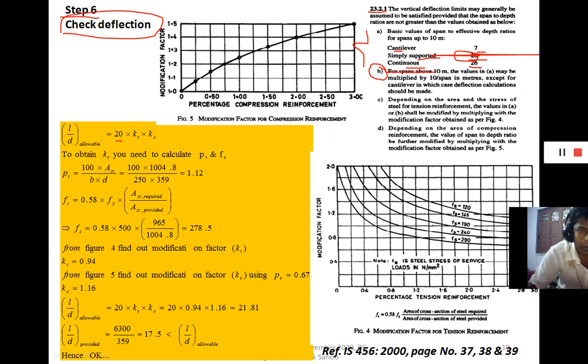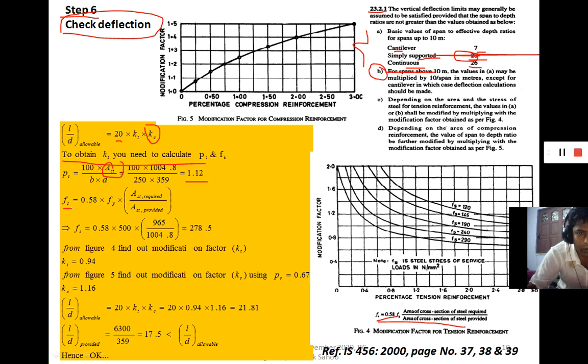So this is the expression for allowable span to depth ratio as per code. Kt is the modification factor for tensile reinforcement, Kc is the modification factor for compressive reinforcement. To obtain Kt you need to calculate Pt and fs. The Ast is provided, so the Pt provided is 1.12.